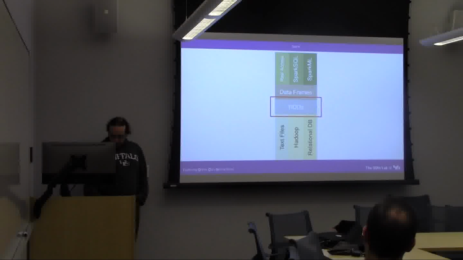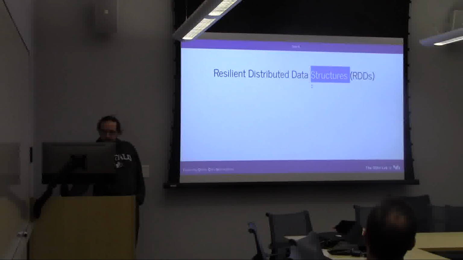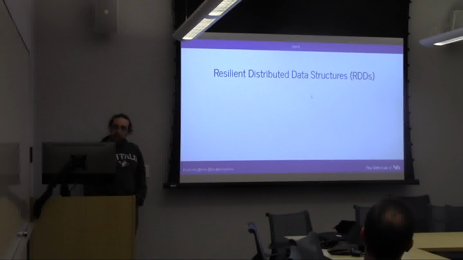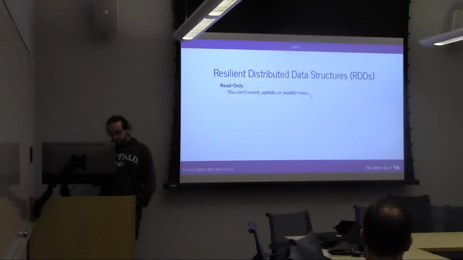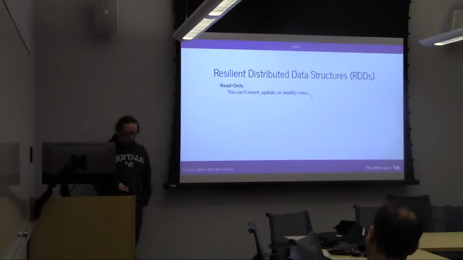Okay, so RDDs, or resilient distributed datasets, are essentially like a list, a Python collection, list, dictionary, what have you. You can think of them like a Python list, a JavaScript array, a Scala collection, a Java list.